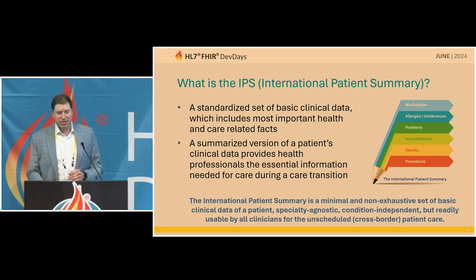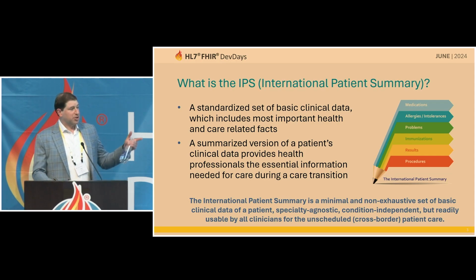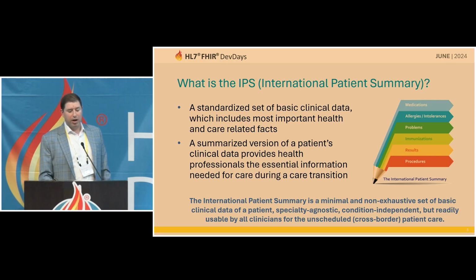But essentially, what is the International Patient Summary? It's a patient summary. You can see the common sections there on the right. A lot of people refer to it as PAMI, the problems, allergies, medications, immunizations, but only the first three are required. There are 14 sections total. And by being a summary, it's not meant to be the entire record for a patient.